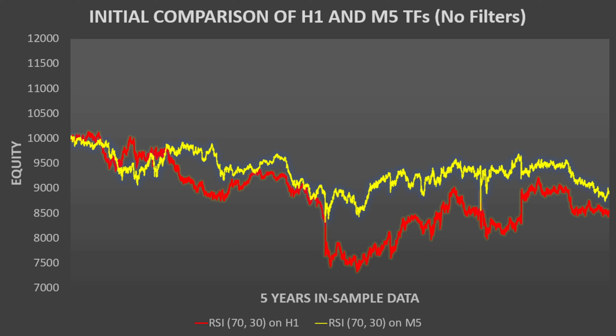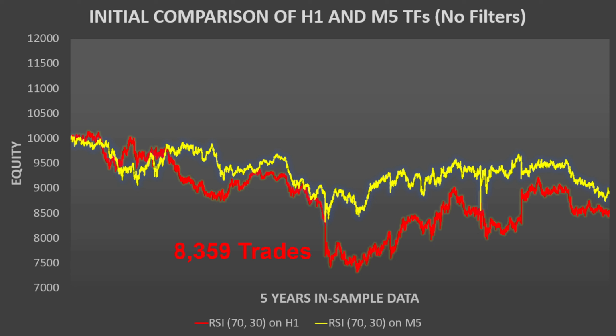But there's a much bigger difference here, and that is in the sample size or the number of trades generated by the strategy on each of these time frames. And if you remember, using the H1 time frame, we obtained just over 8,000 trades. And I expressed my concerns at the time that this was fairly low for a strategy that's trading 28 currency pairs, and that statistical significance would begin to become an issue.